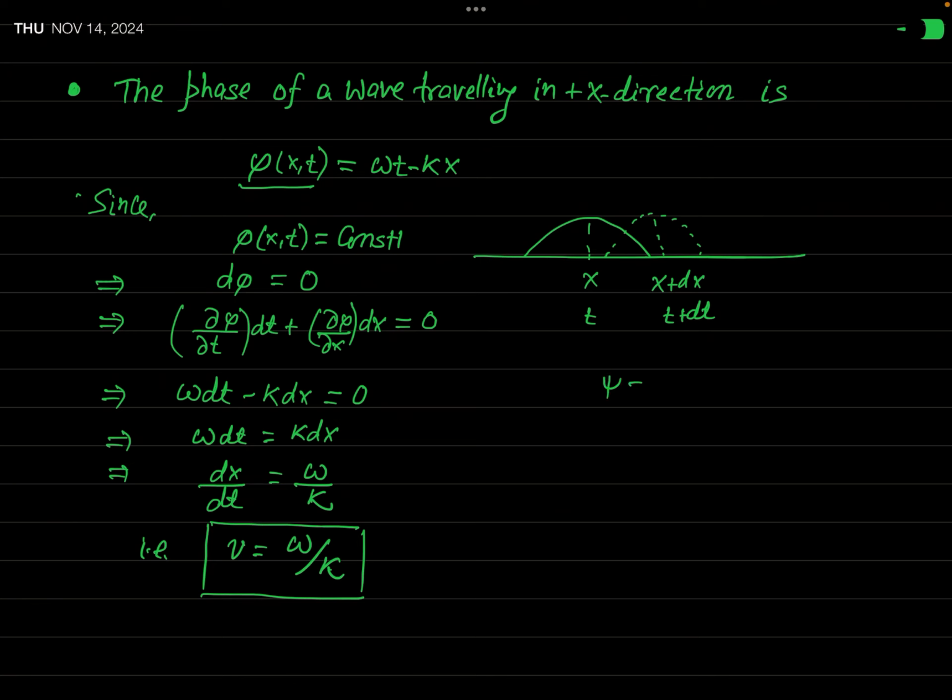When you write the equation psi equals a sine(omega t minus kx), this omega t minus kx, which is the argument of this sine function, is called the phase of the wave. Okay, that is called phase, or kx minus omega t. So you can say that the phase of the wave traveling in positive x direction is given by omega t minus kx.